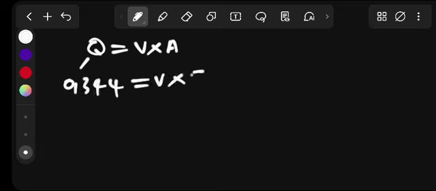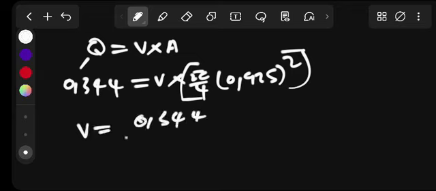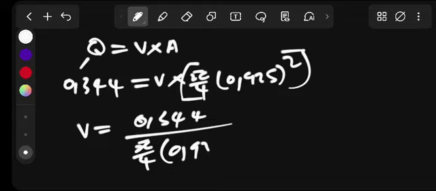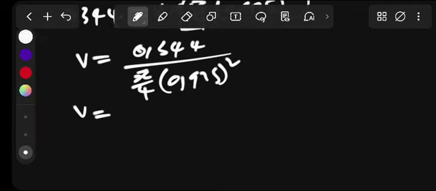The area will be pi over 4 into 0.925 squared. Then I divide by this, both sides. As I divide by that, I will have v to be 0.344 divided by pi over 4, 0.925 squared.